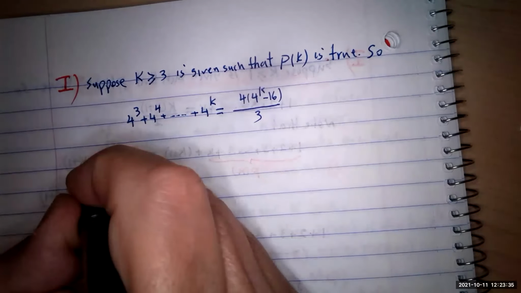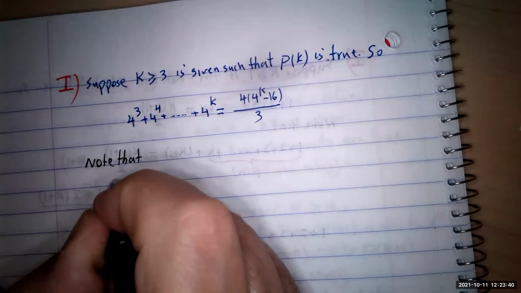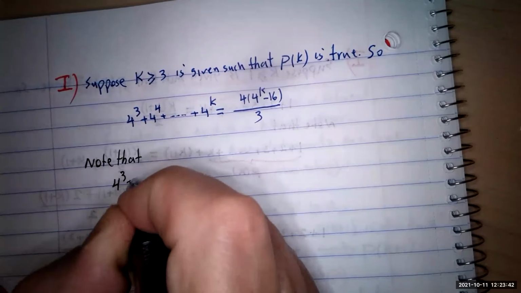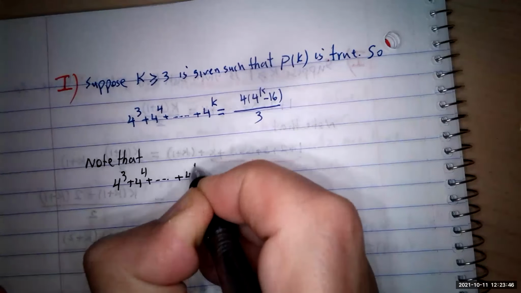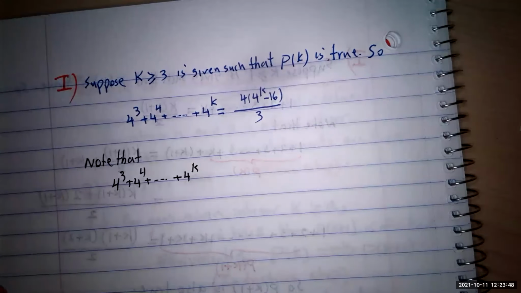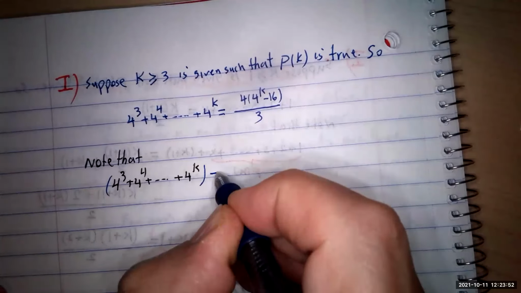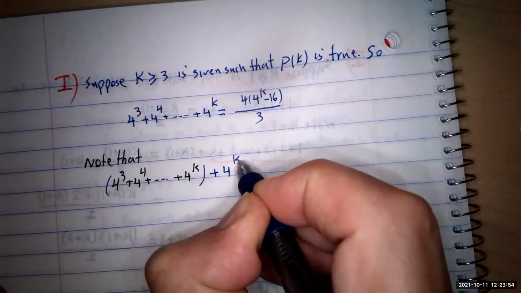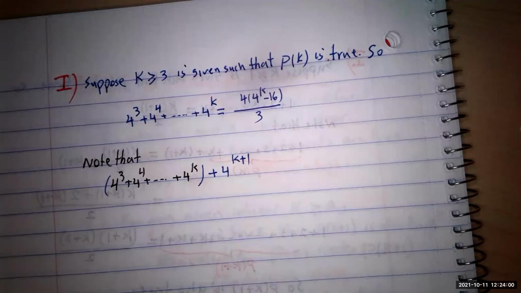Note that what I want is this. I have 4 cubed, 4 to the 4, up to 4 to the k. Okay, so I add the new part. So this is what I already have, plus 4 to the k plus 1. Because in order to go to Pk plus 1, you have to write it down up to the k plus 1. So we can group them together.